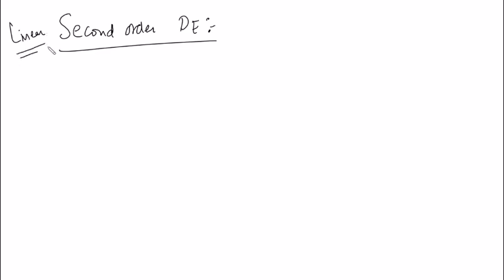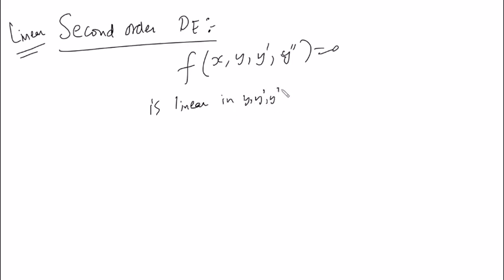You know this definition of linearity still remains the same, because whatever the order, the definition of linearity is the same. That you have a function, this time of x, y dash, and this time you will also have the second order derivative. So this function has to be linear in y dash and y double dash. No product terms, no raised to the power terms.